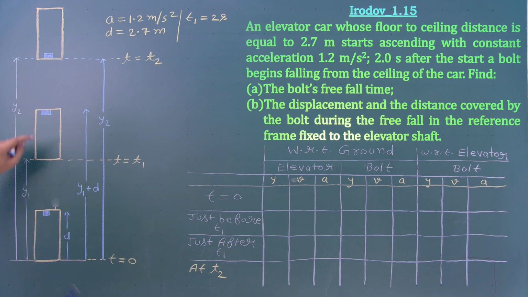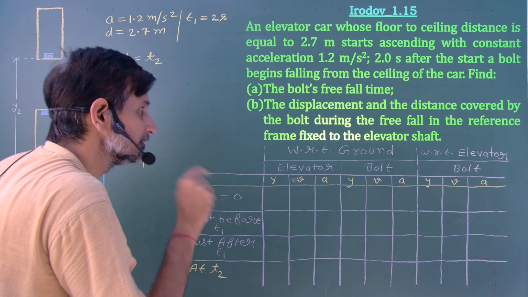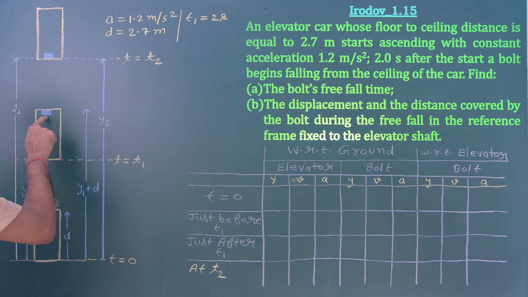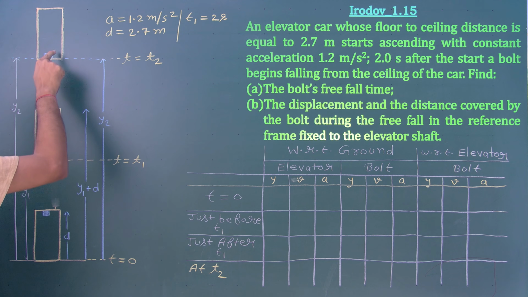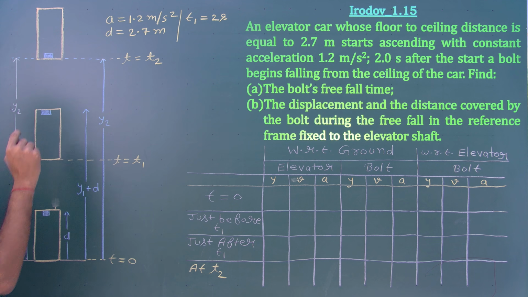So the bolt is here and finally bolt is here. So this is the initial position of bolt just before free fall, and this is the final position of bolt just after the strike. So how can we proceed with the problem?